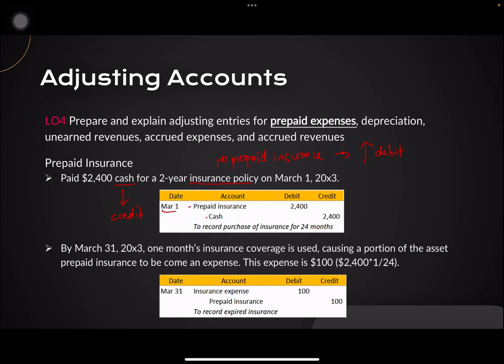Again, to complete the journal entry, we need to document the nature or the context of that transaction. In this case, to record purchase of insurance for 24 months. So this is now what happened when we initially purchased our insurance policy.